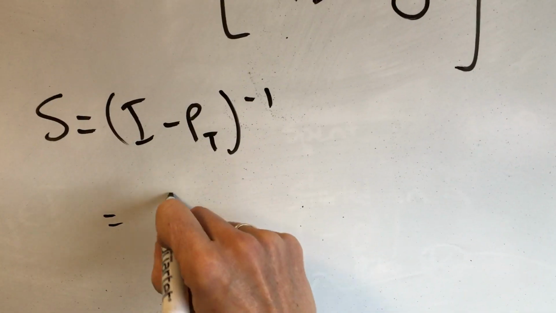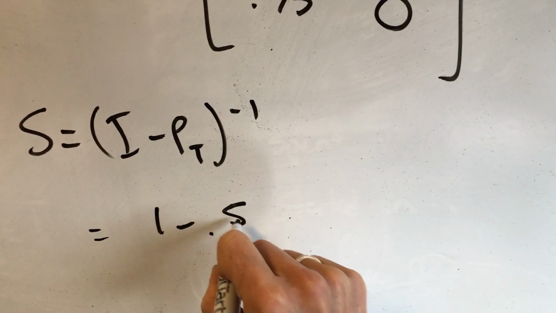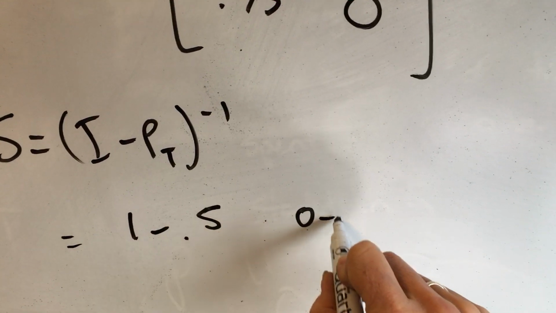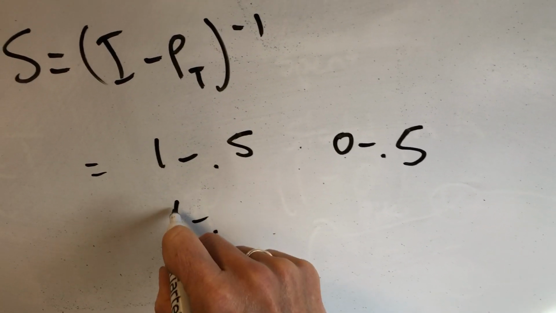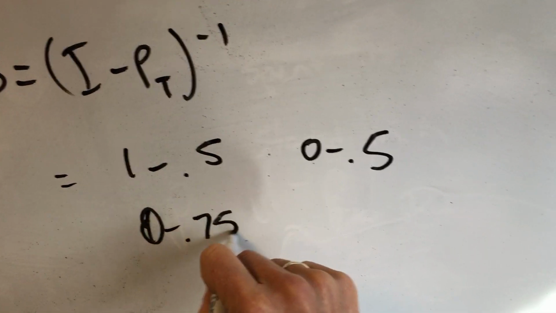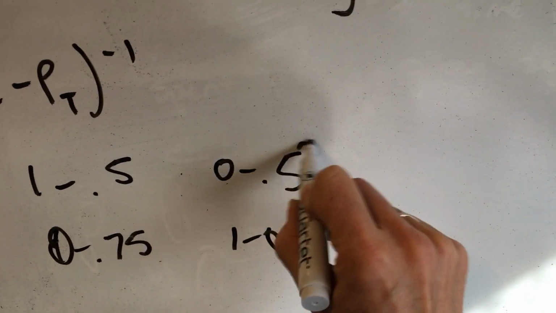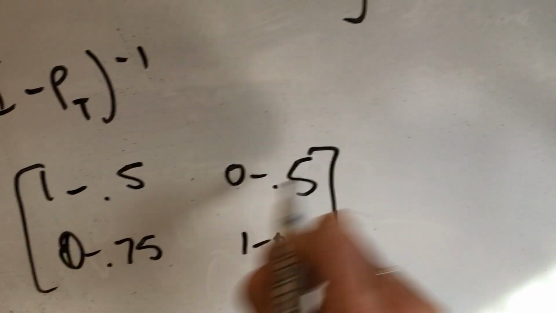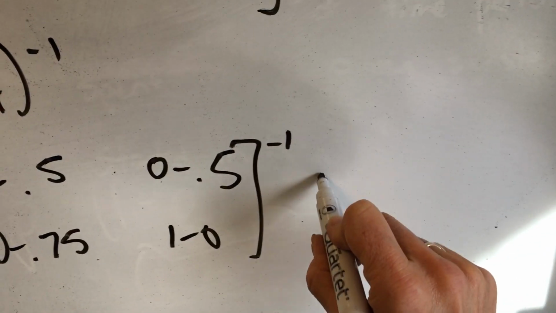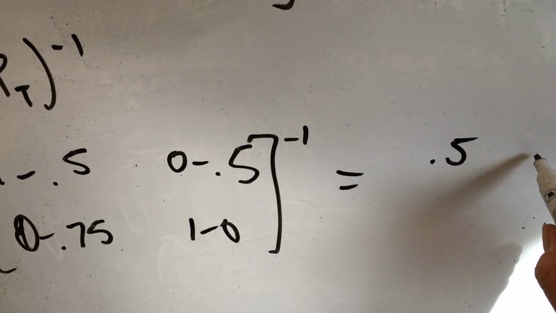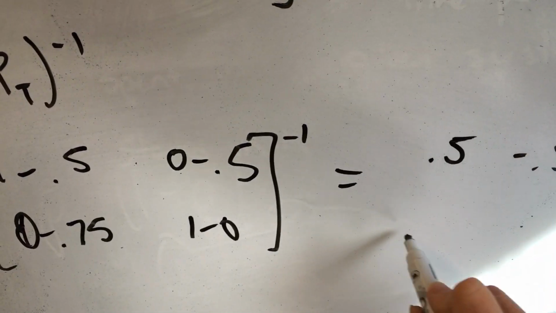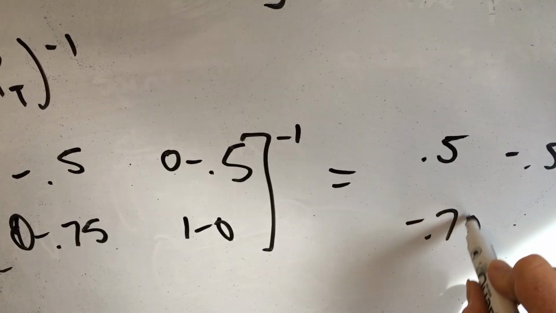So 1 minus 0.5, 0 minus 0.5, 0 minus 0.75, 1 minus 0, inverse of that is equal to 0.5, minus 0.5, minus 0.75, 1.